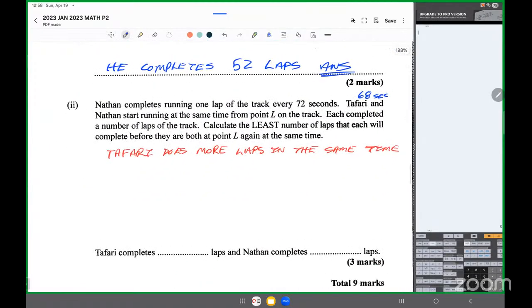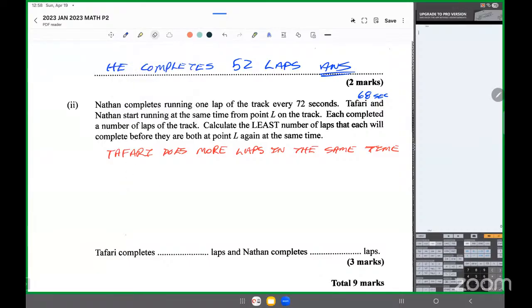So the number of laps Tafara is doing more, right? So Tafara laps. Let's do it here. So the time difference. There are a number of ways to word this. I must use the 4 seconds difference.